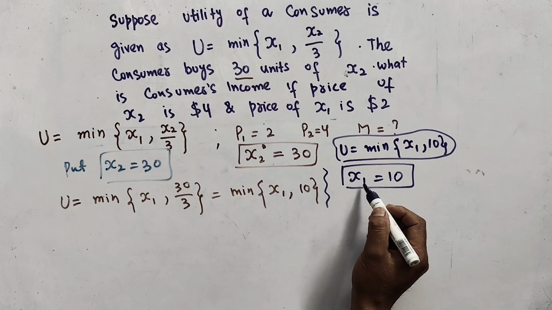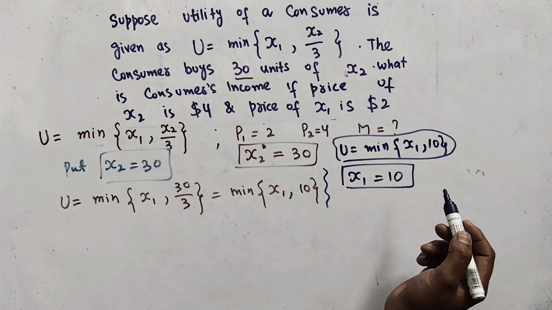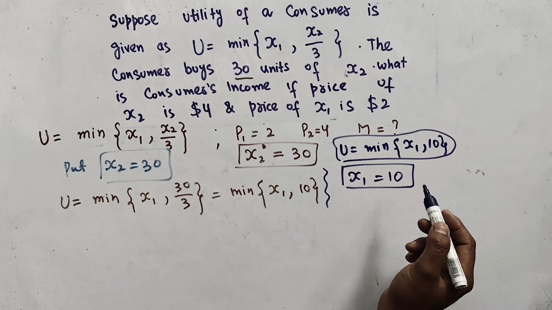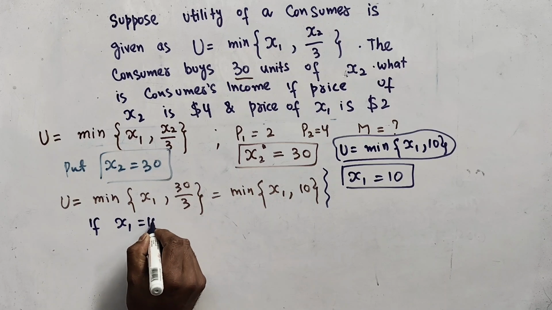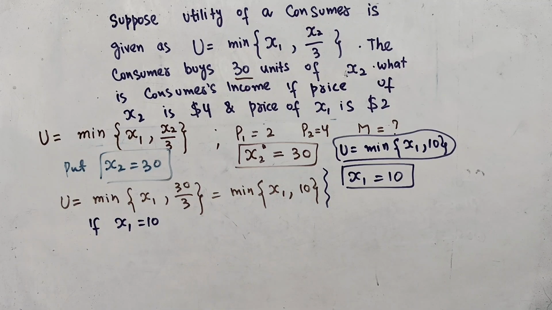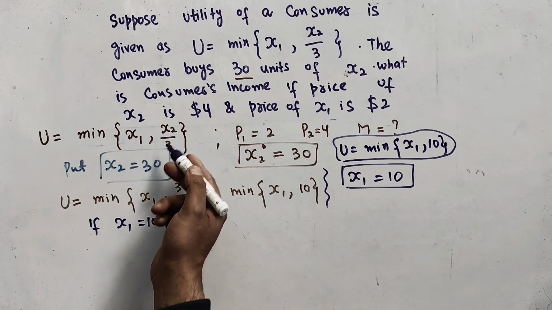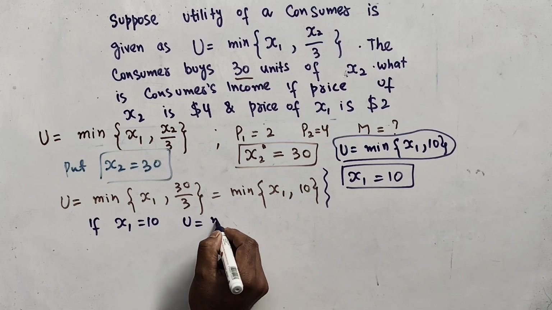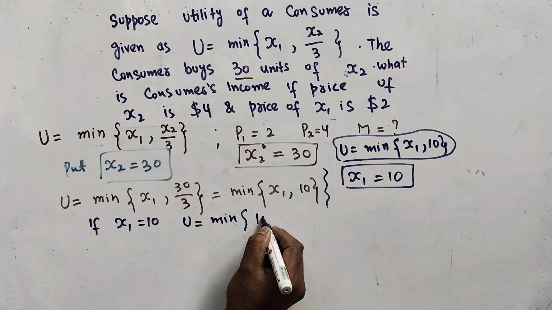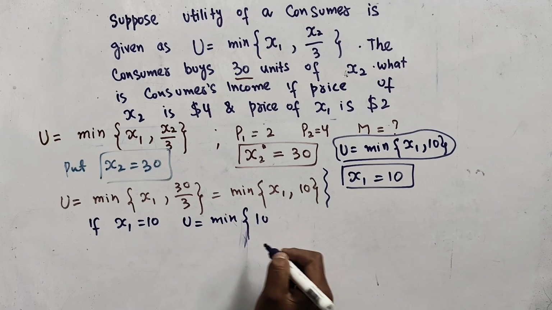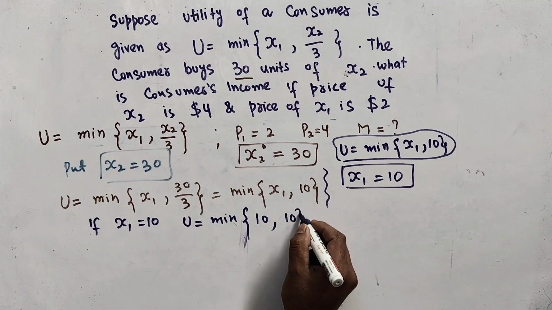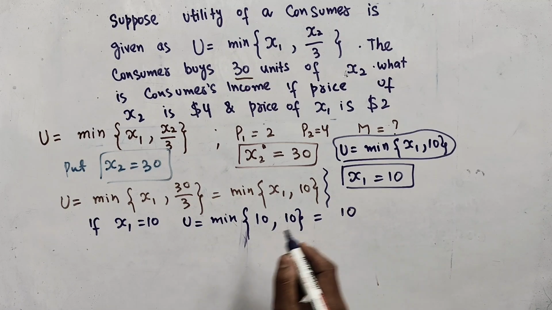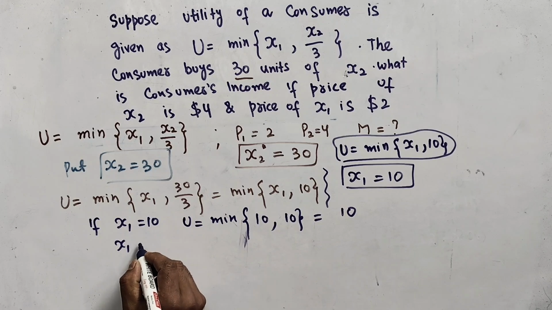As long as x1 is greater than or equal to 10, the consumer's utility will be maximized. If x1 is equal to 10, utility will be equal to minimum of 10 and x2 upon 3, which is 30 upon 3, which is 10. So utility will be equal to 10. Let us suppose x1 is greater than 10, say 11.